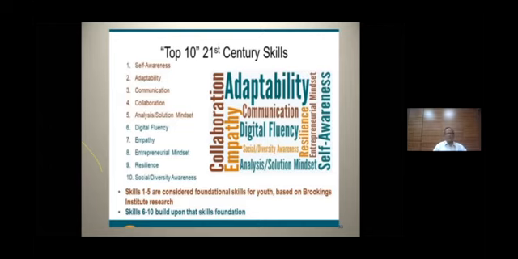Therefore, these top 10 skills must be understood by every teacher. I don't have much time to explain one by one. I'm giving simply the list, and you can definitely prepare yourself. And these skills must be kept in our mind while teaching the students. Whatever the topic that we are teaching, these things must be known by almost all the teachers.